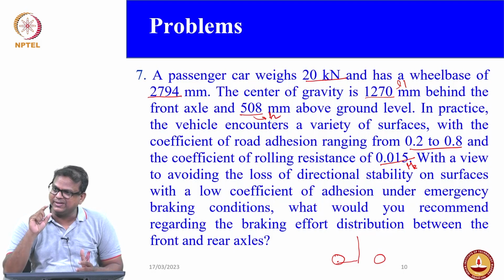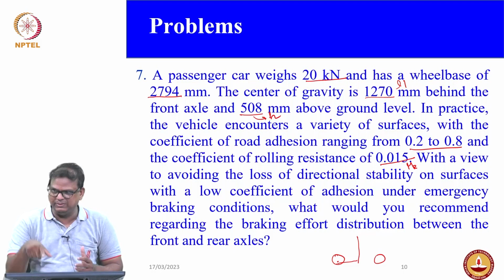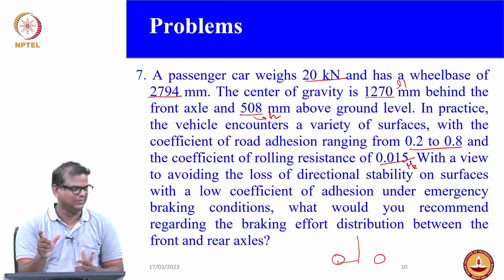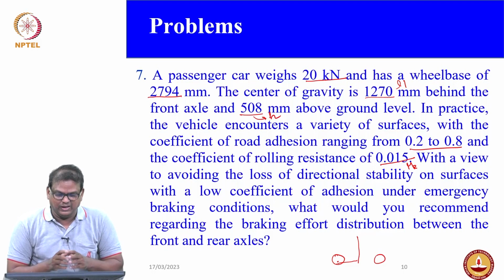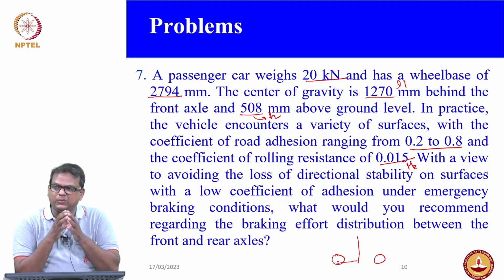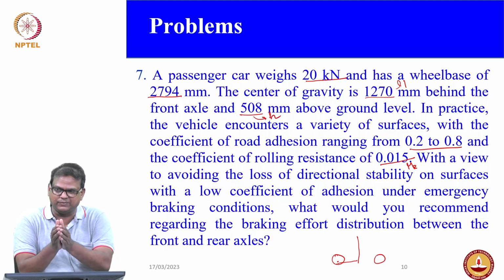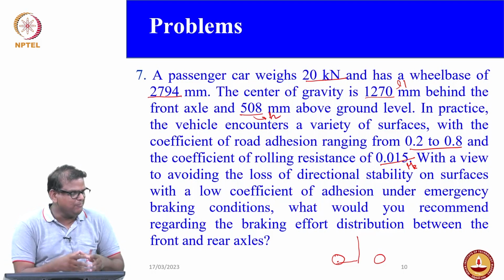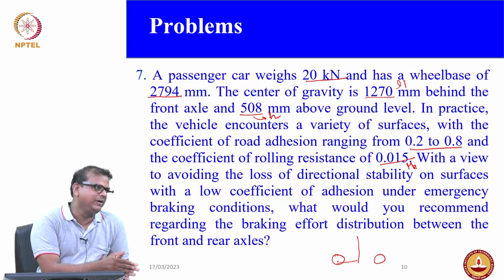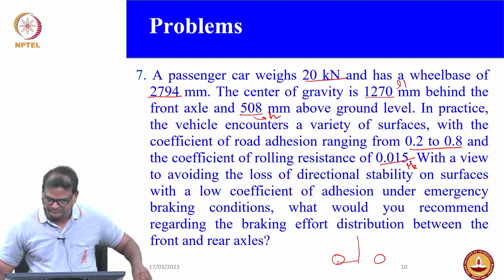So that is the loss of directional stability. Both are different. Okay, so they are expecting you to avoid rear wheel lock first. That means you want to aim to lock the front wheel first. That's how you have to design. Okay, so that's the problem.